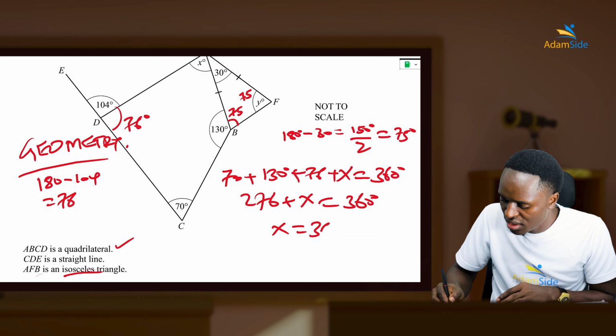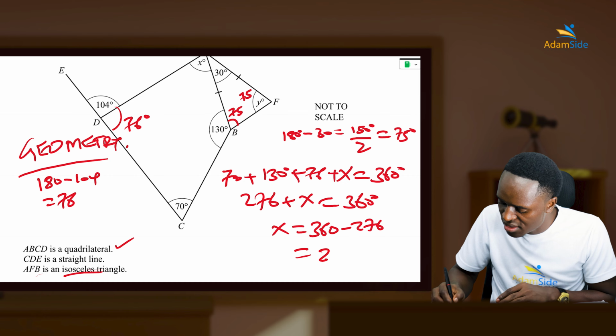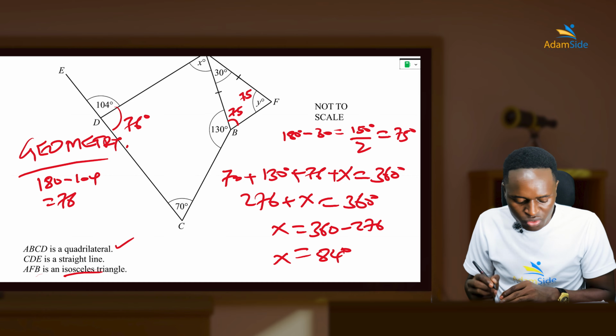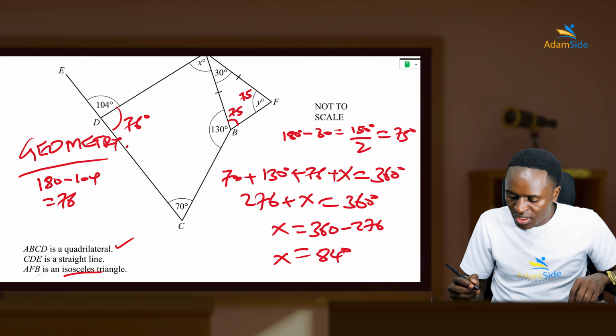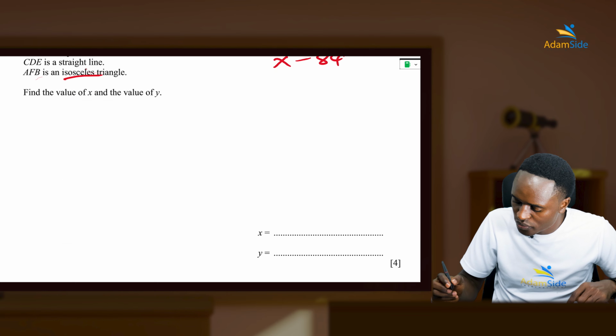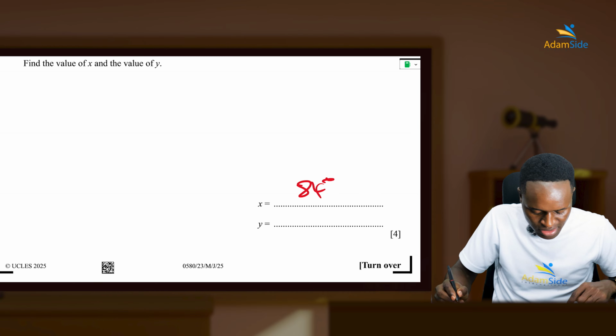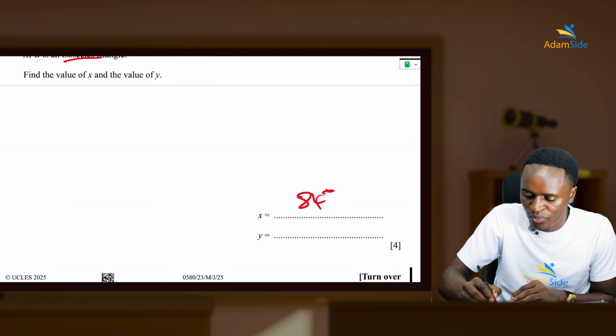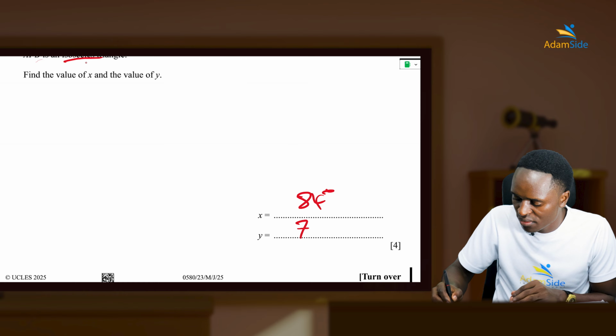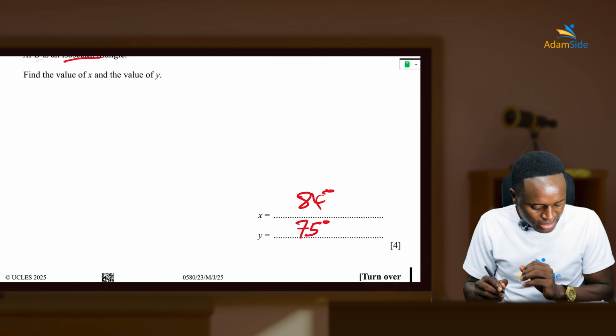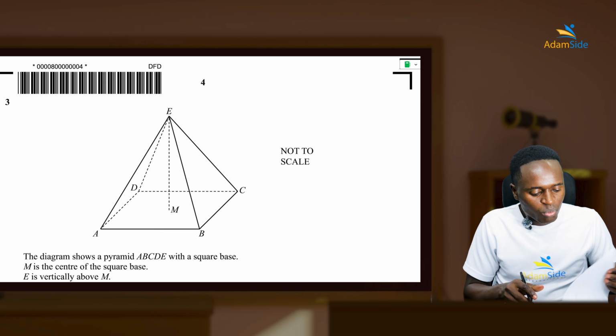Angle x will be 360 minus 276. You get 84 degrees. So angle x is equal to 84 degrees. Angle y is equal to 75 degrees. Correct. You get your 4 marks.